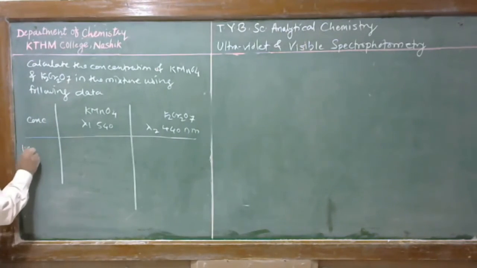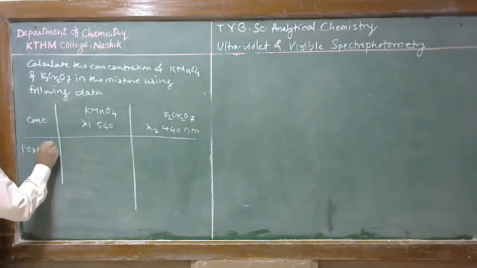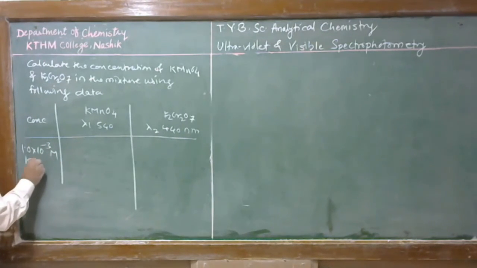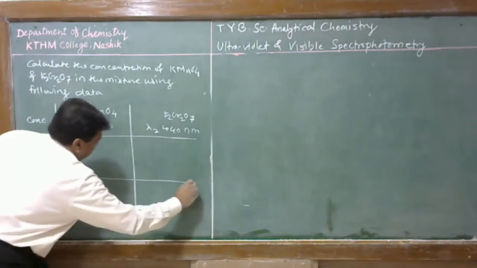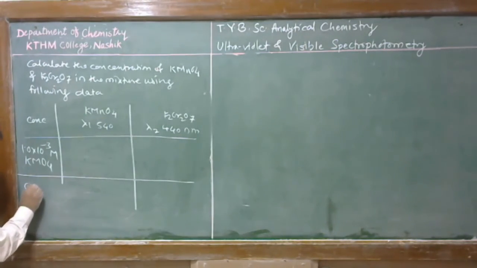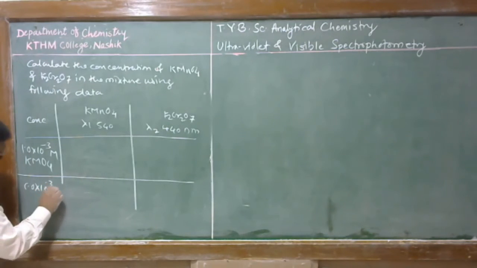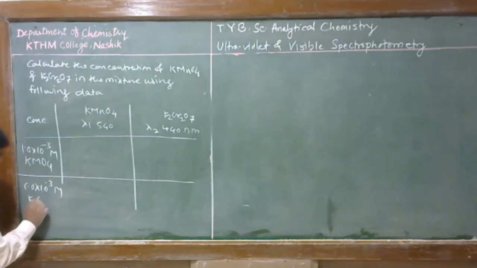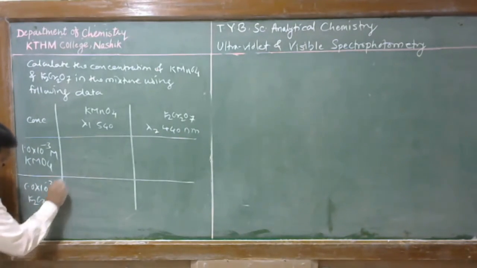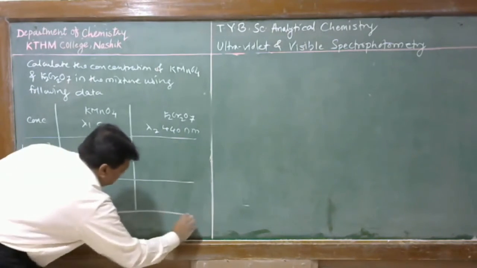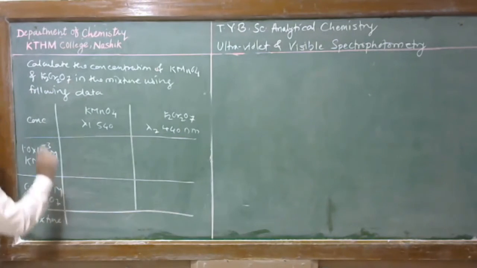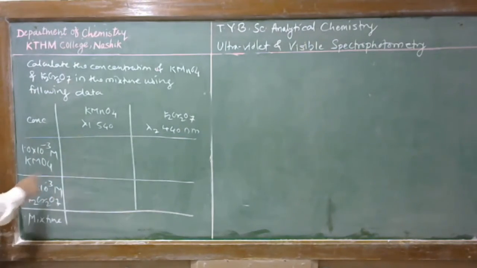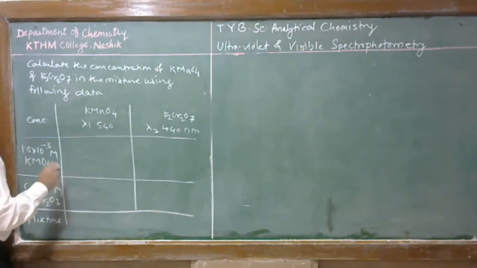The concentration is 1.0 into 10⁻³ moles of KMnO4, and here the concentration is 1.0 into 10⁻³ moles of potassium dichromate. This is for a mixture containing both potassium dichromate and potassium permanganate.